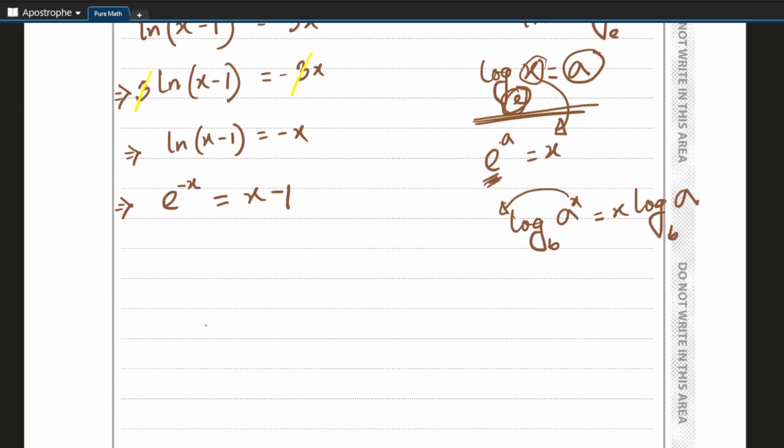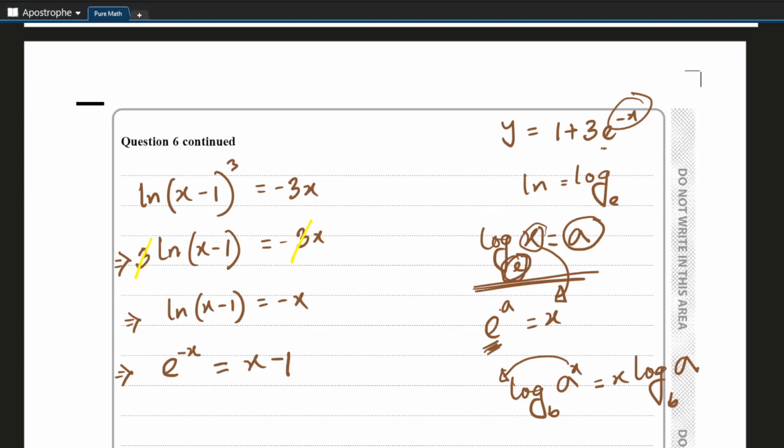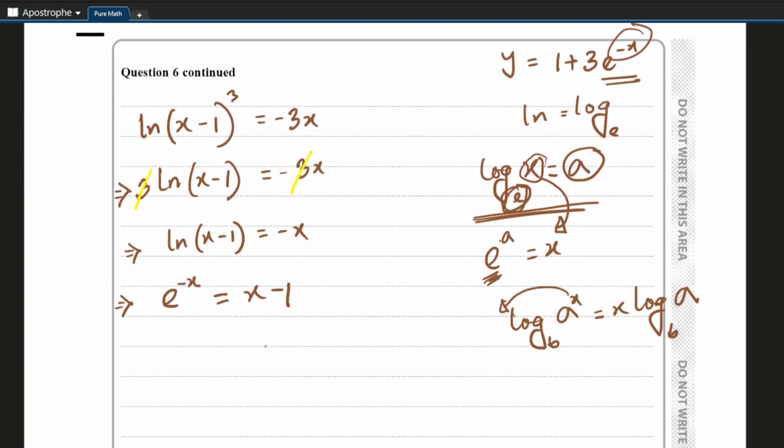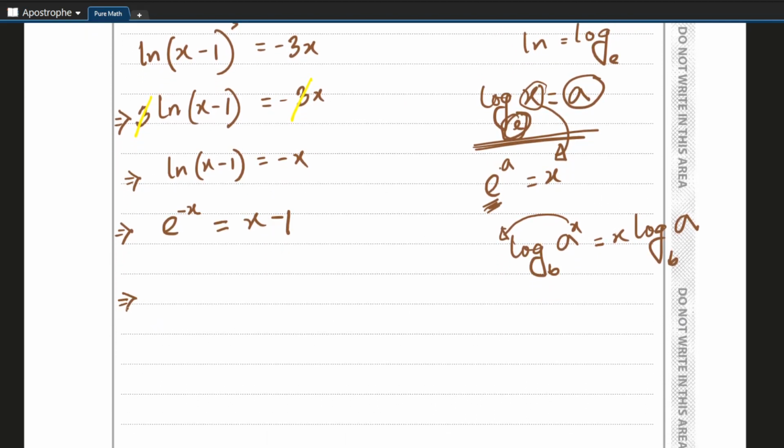Okay. Now we have e to the power minus x. So just like the previous question, I'm going to multiply both sides by 3, and then I'm going to add 1 to both sides.